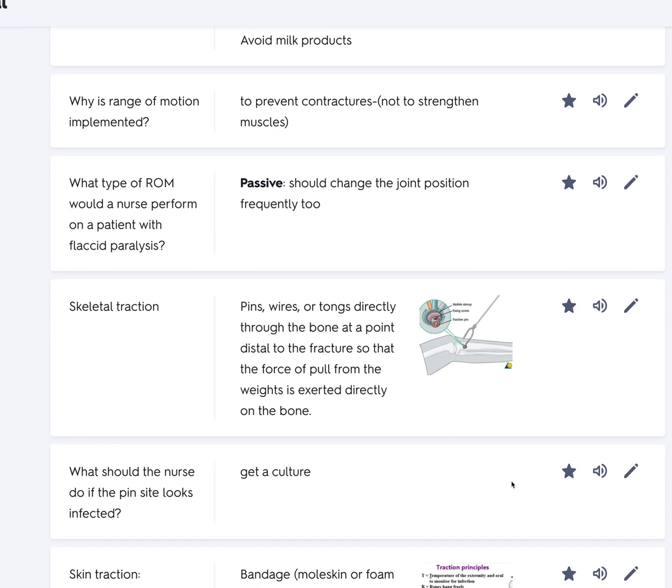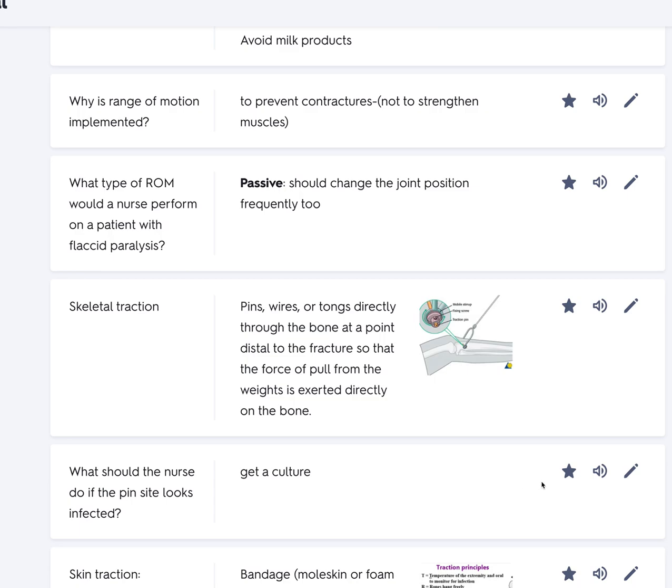All right, now, preoperatively, the provider may want skeletal traction. Skeletal traction would be used to maybe try to reduce, and reduce means fix the fracture. That term used to really screw me up.